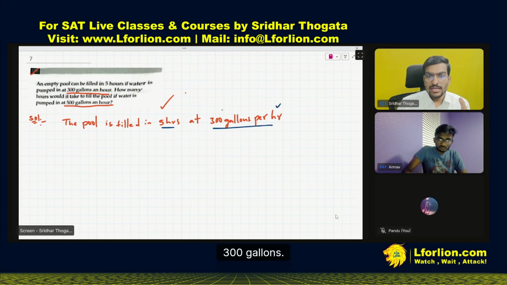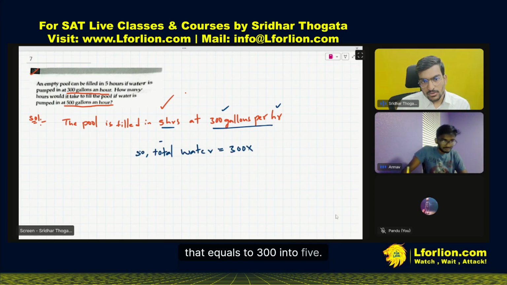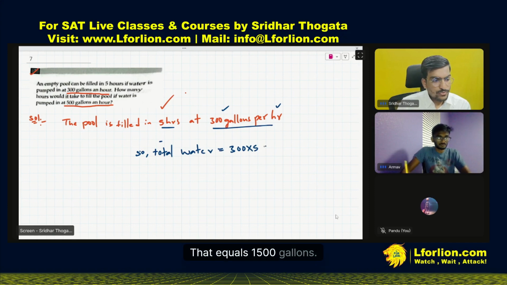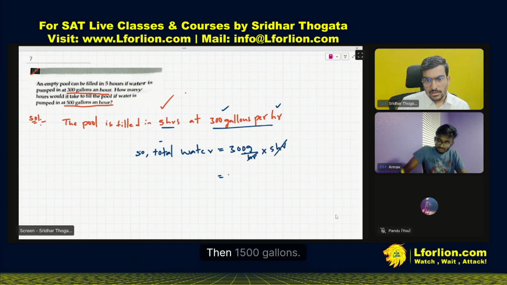In 1 hour 300 gallons, then 5 hours will be 1500 gallons. You understood? So what I write is, total water equals 300 into 5, that equals 1500 gallons. I'll write 300 gallons per hour into 5 hours. Hours cancel out, then 1500 gallons. Done?